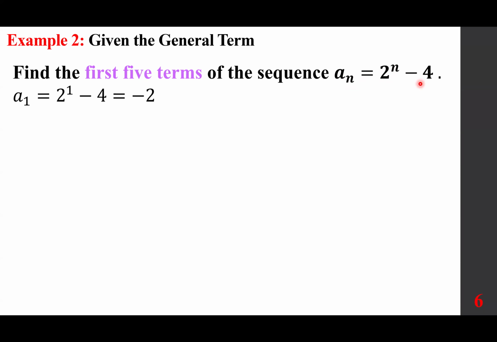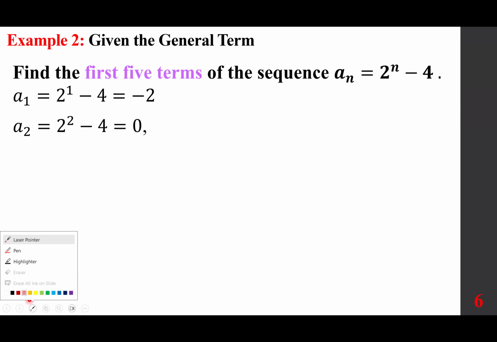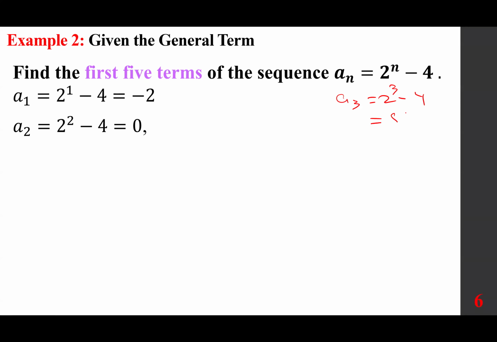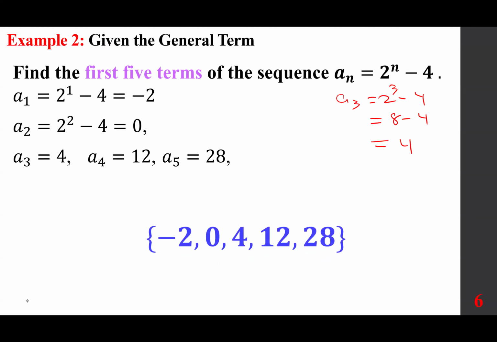If I want the second one, a sub 2 is 2 squared, 4, minus 4 is 0. If I want the third one, it is 2 cubed, which is 8, minus 4 is 4, and you can figure out the rest.